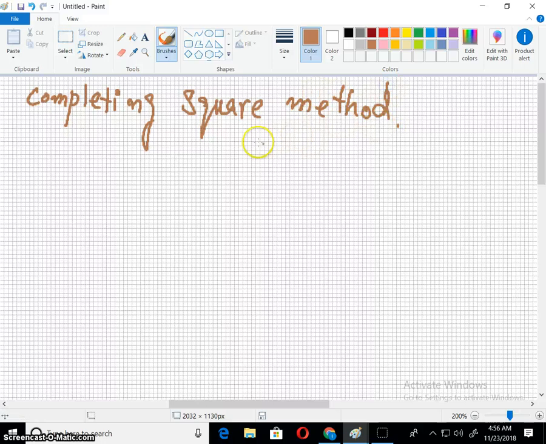So in completing square method, let's see how we use this method. Take another example. For instance, example 2.